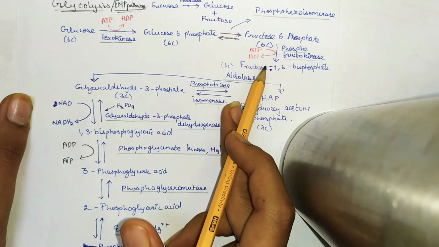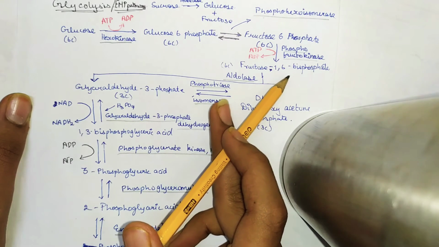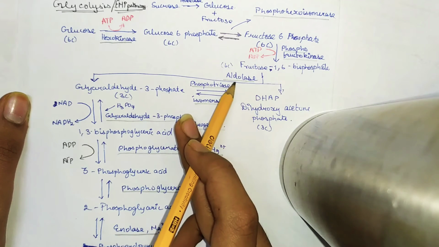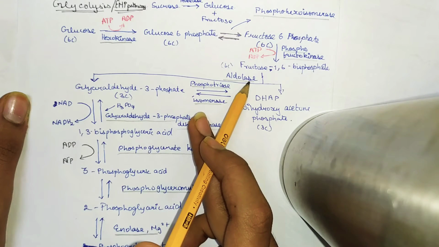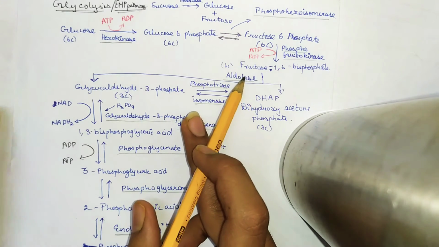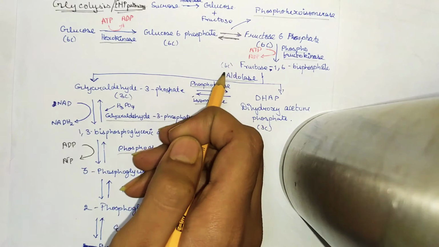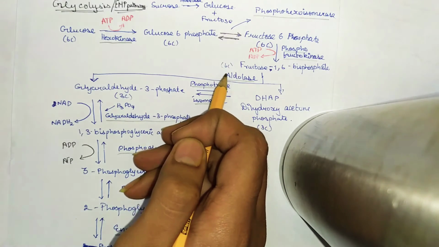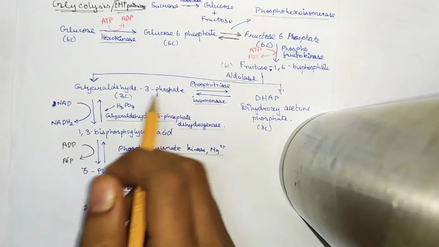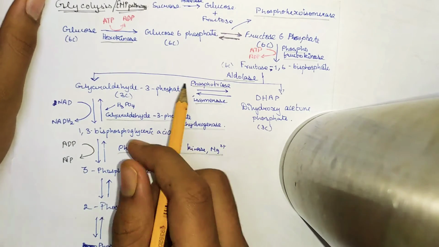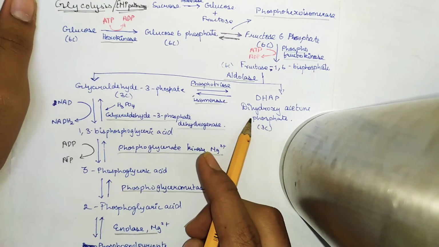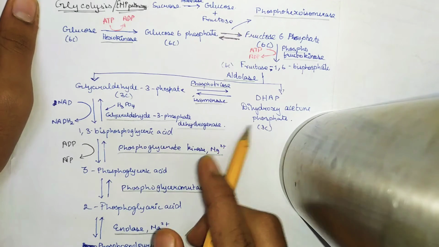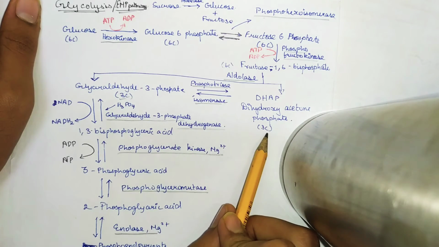So this fructose 1,6-bisphosphate, with the help of the enzyme aldolase, gets converted to two molecules. This is also 6-carbon, right? This 6-carbon gets converted to glyceraldehyde 3-phosphate and DHAP, nothing but dihydroxyacetone phosphate. This is 3-carbon, this is also a 3-carbon molecule.